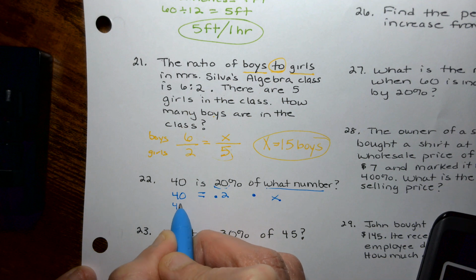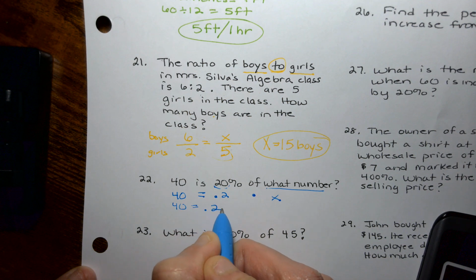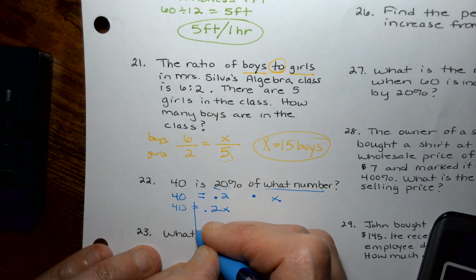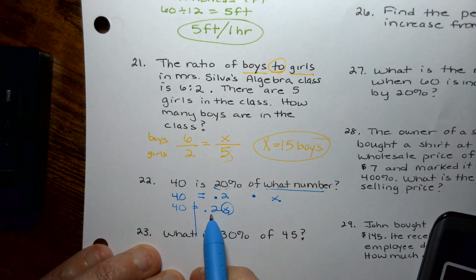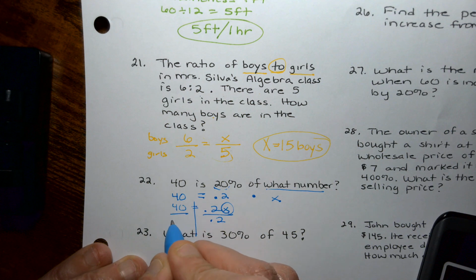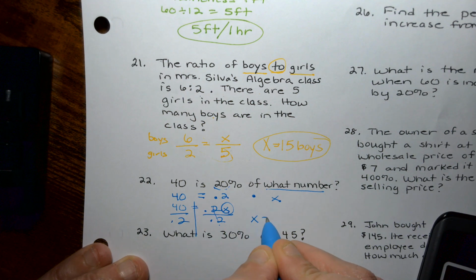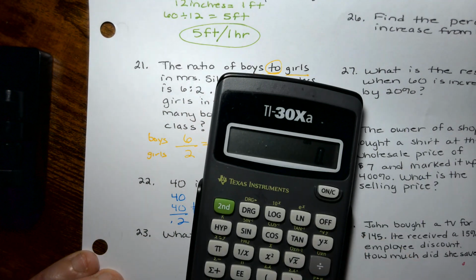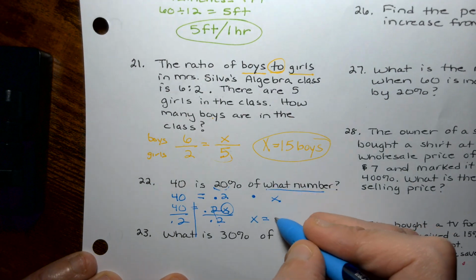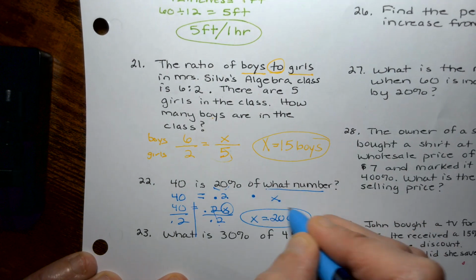So if you want me to put this the way you're used to seeing it, that's what you have there. Now we're going to draw our line, locate our variable, and it is 0.2 times that. So I'm going to divide by 0.2. I'm going to grab my calculator and do 40 divided by 0.2, and it's 200.